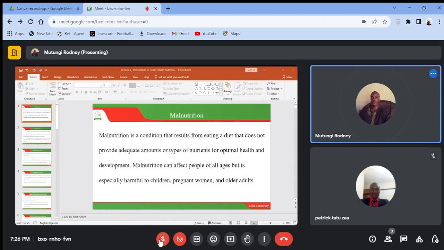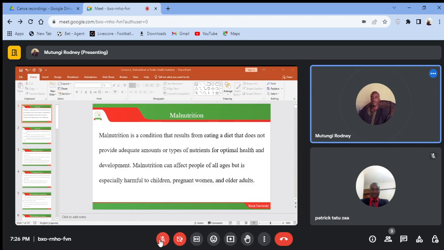Okay, so the double burden of malnutrition is a concept that has gained attention over the years, and it is basically the coexistence of undernutrition and being overweight or obese within individuals, households, communities, or countries.